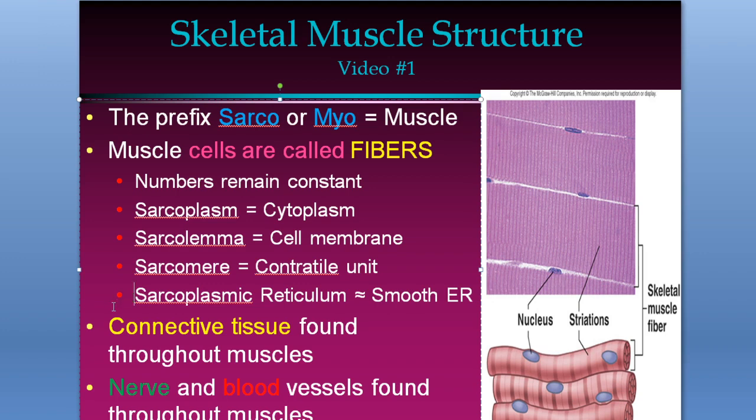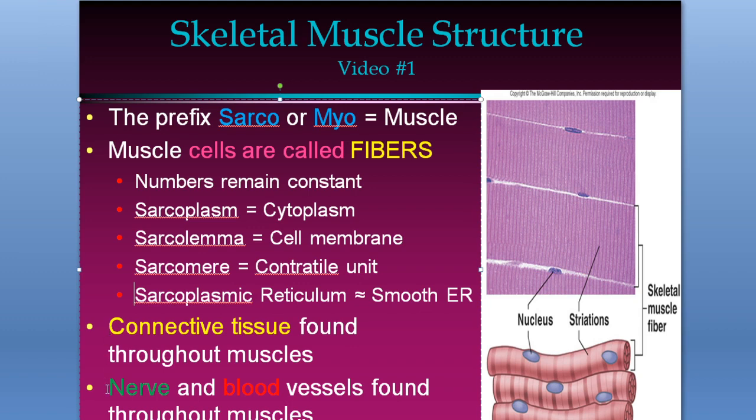Now, it's also important to think about all the connective tissue that's found throughout the muscle. So the muscle fibers are going to be all the contractile part of the muscle, but the muscle is infused with connective tissue to bind and hold that muscle together so that it's very durable and strong.